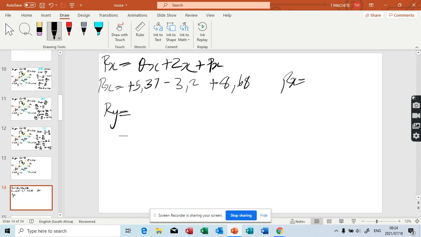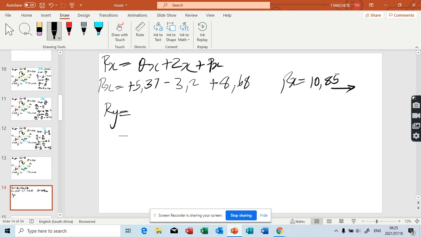Did you get, yes, that's correct. 10.85. That's what I got. 10.85, and then it's positive. What I got is positive, so it must go in that direction. You also got positive, right? Okay, that's correct.